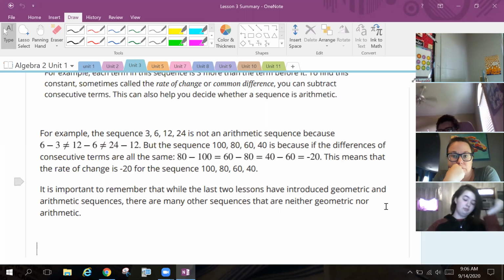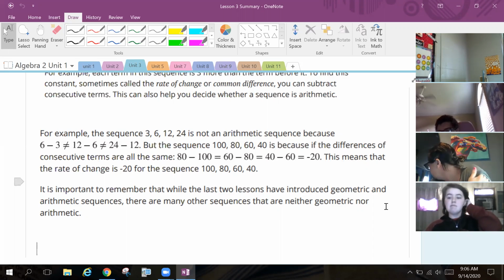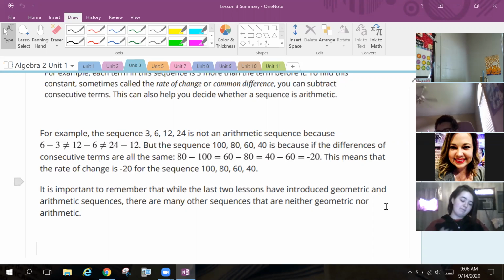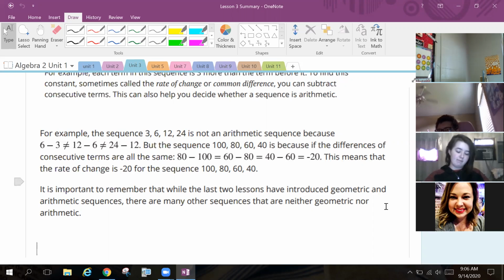Now, we found one today that was neither. And how you know it's neither is because it's not the same constant number being added or multiplied every time. That's the key word here, guys. It has to be the same consistent number to fall in either of those sequences.